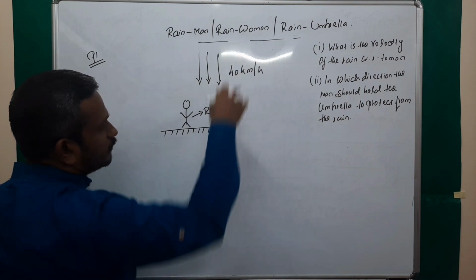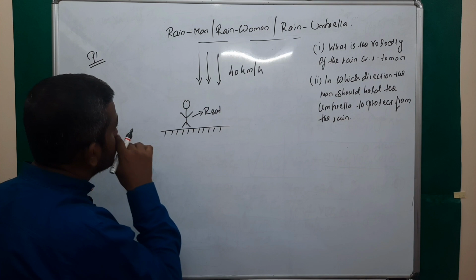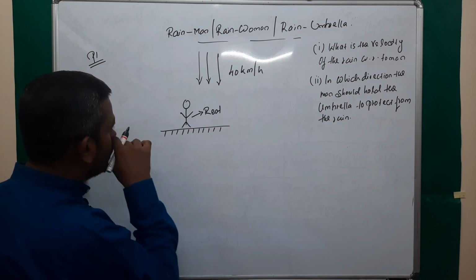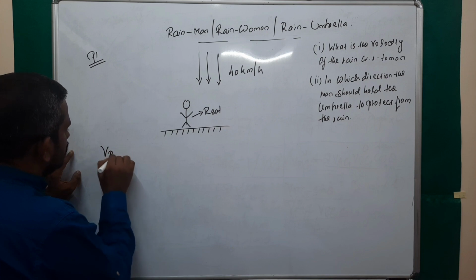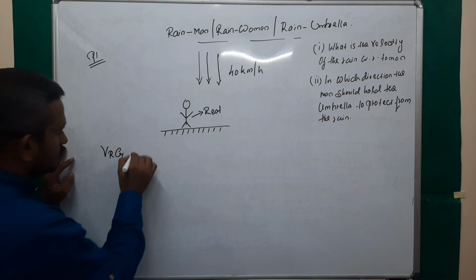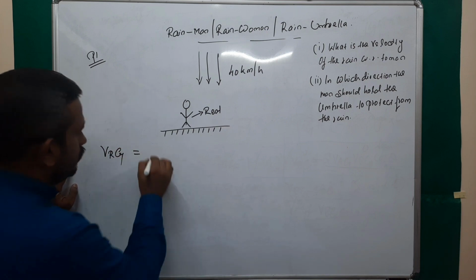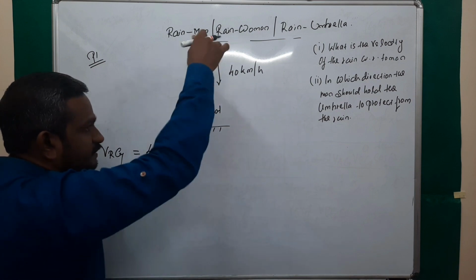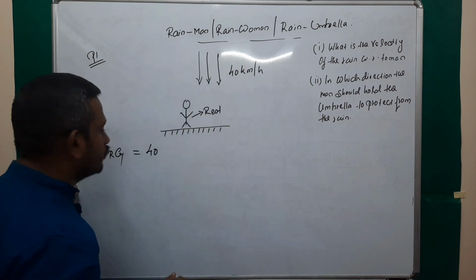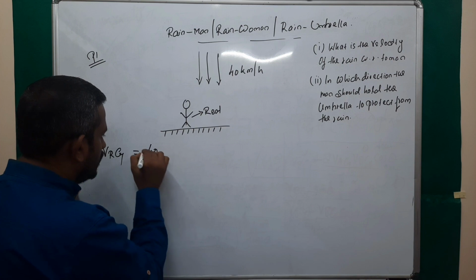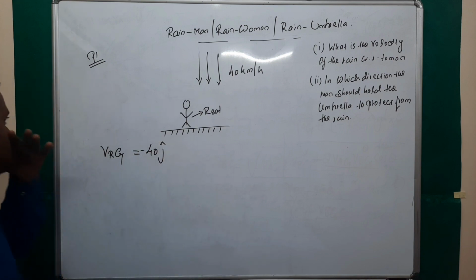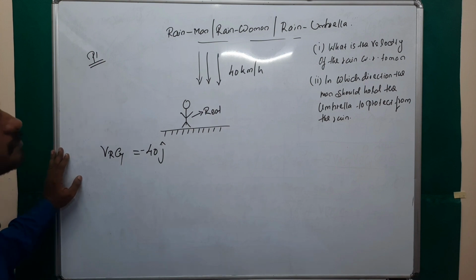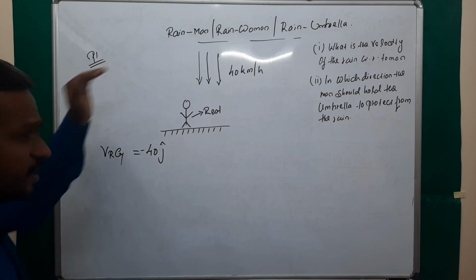The rain is falling vertically downwards with a velocity of 40 km per hour. That is, the velocity of the rain with respect to ground is 40, falling vertically downwards, so minus 40 j cap. Minus 40 j cap, downwards, that is the negative y direction.